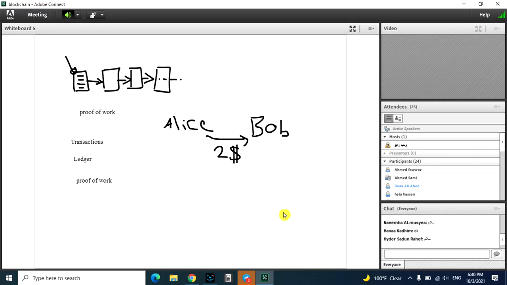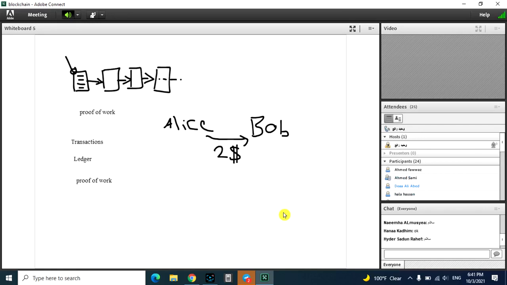So in real life, how can Alice send $2 to Bob? Alice can give $2 in cash to Bob.